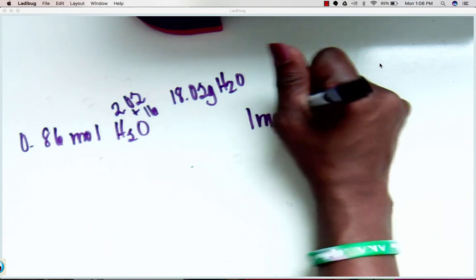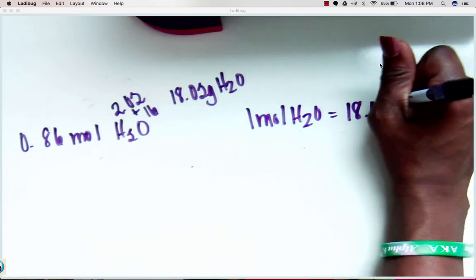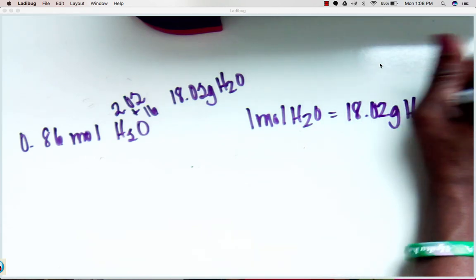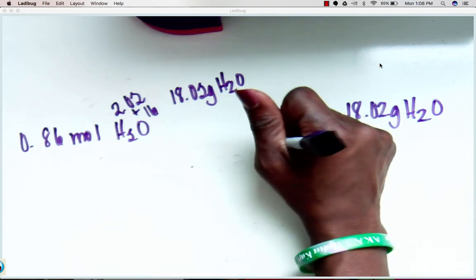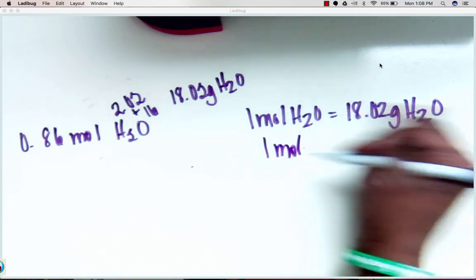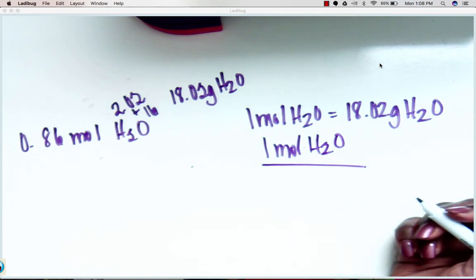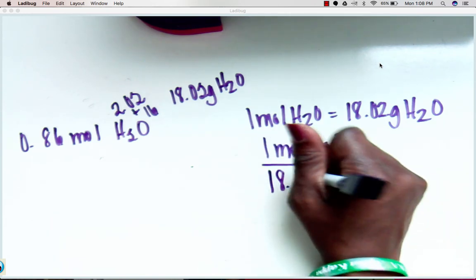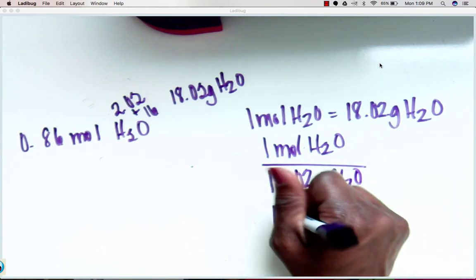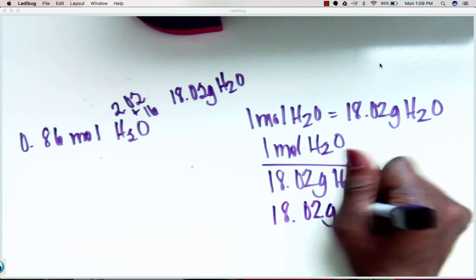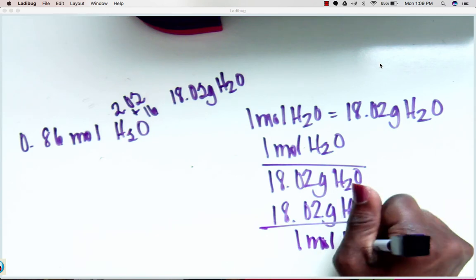Let's go ahead and set up the conversion factors. 1 mole of water equals 18.02 grams of water. Then our 2 other conversion factors can be written as 1 mole of water over 18.02 grams of water, and 18.02 grams of water over 1 mole of water.